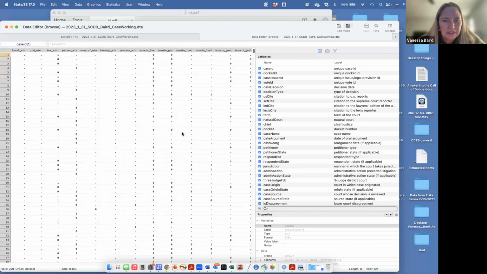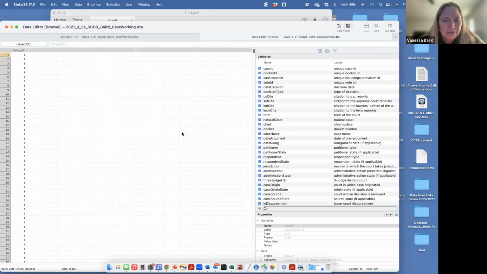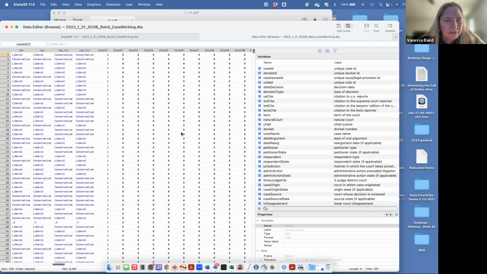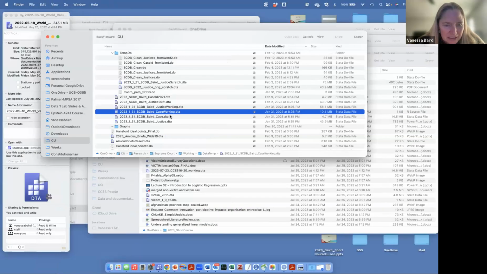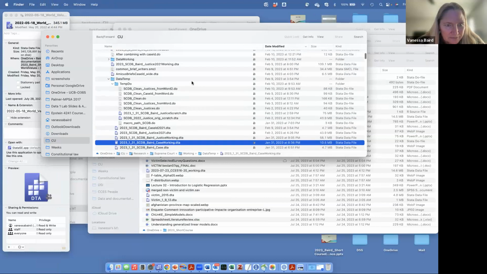So here's the actual data where I have a bunch of variables. Oh no, I already ran out of them. I don't know why I'm running out of them. Okay, so now let's look at justice data.